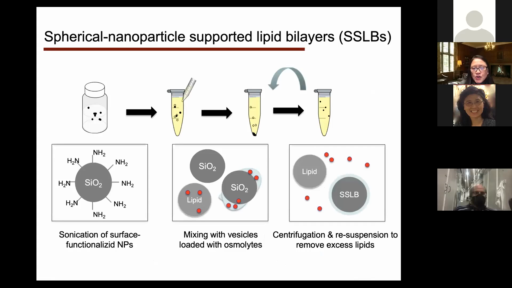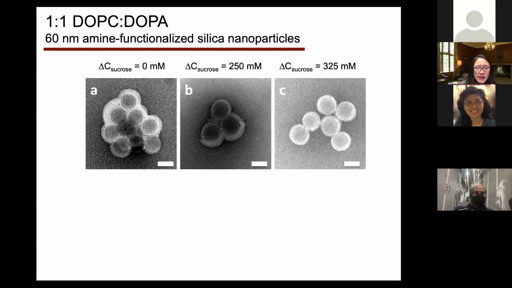This goes through the whole process by which we make this particle. As you can see, it is in a one-test-tube configuration: we can add it, we can shock it, and then it would be coated. Then we can centrifuge out the coated SSLB so that we can put it into our study.